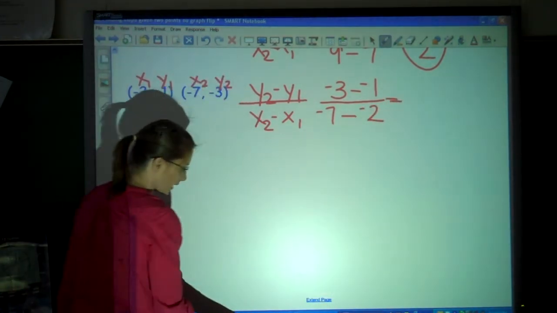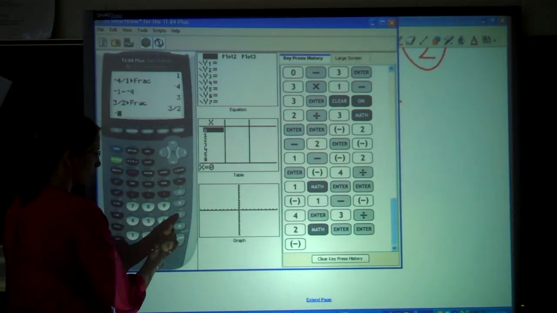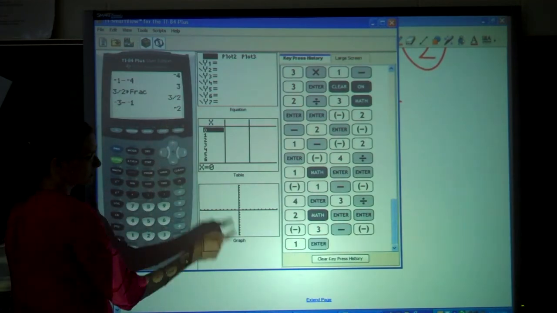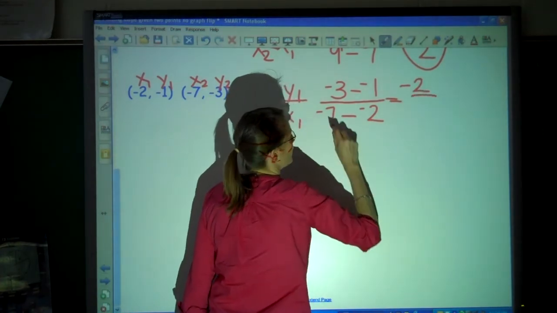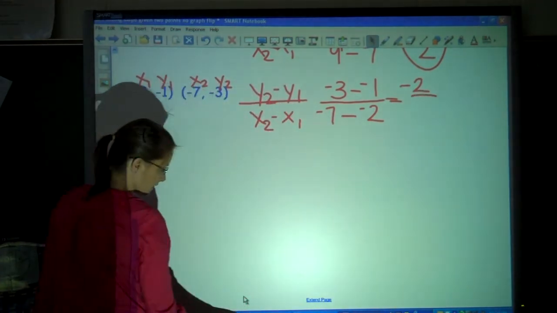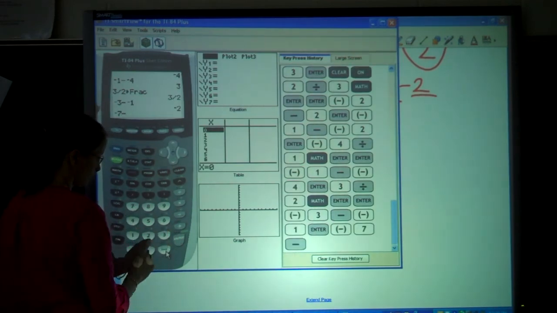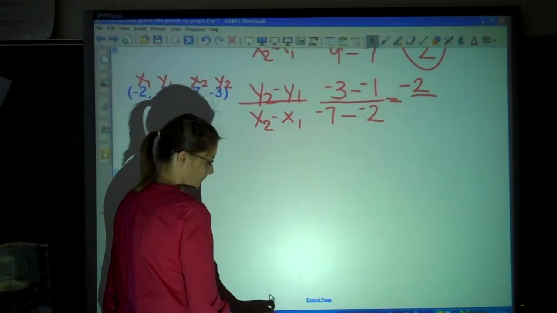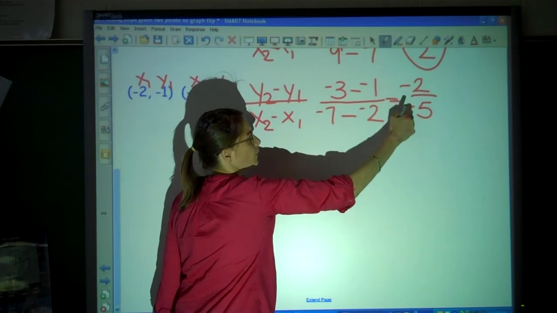I'm going to put that in my calculator, -3 minus -1, and I get -2. And -7 minus -2 is -5. And this time, both my numbers are negative.